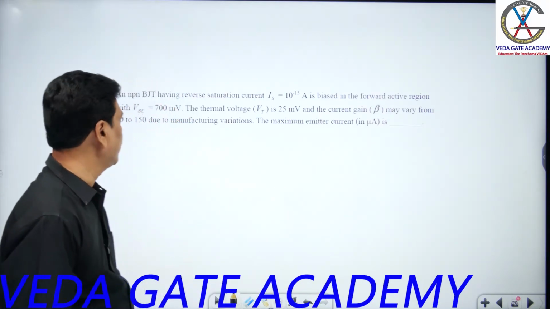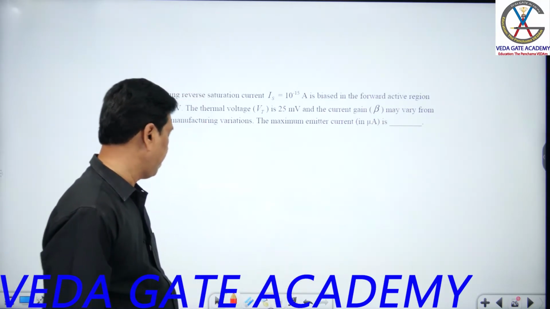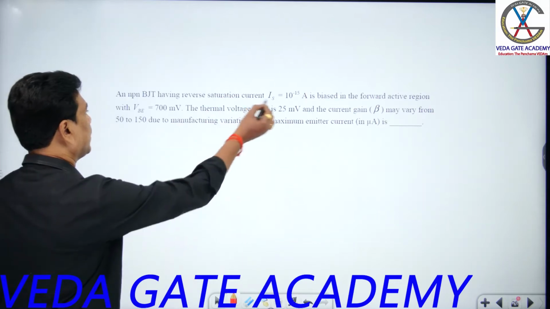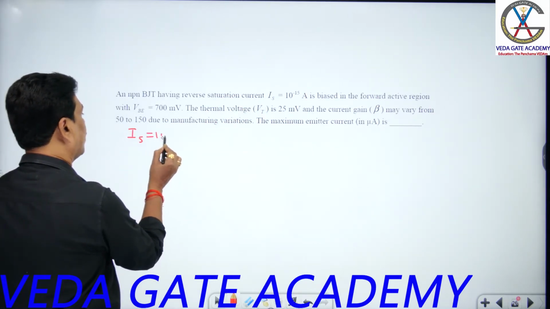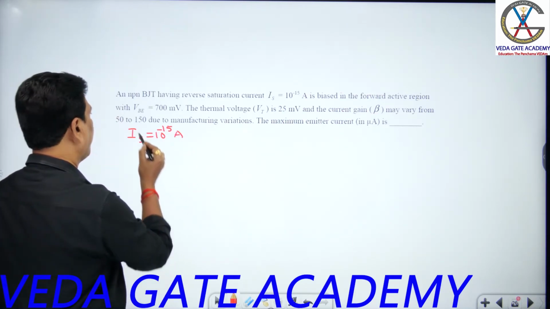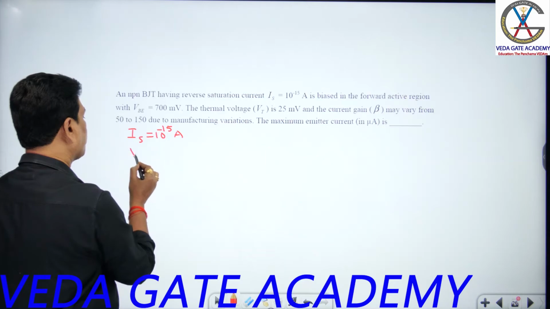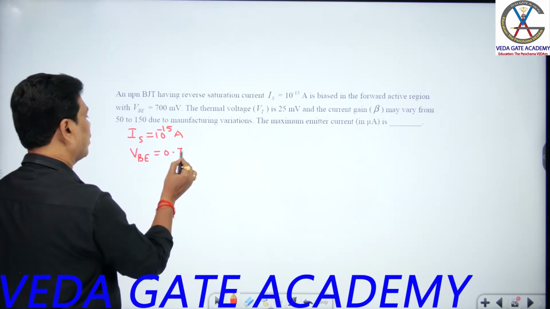So first I can go for the data given. The BJT reverse saturation current IS is given as 10 power minus 15 ampere. Forward active region with VB given, students, 700 millivolt means 0.7 volt.